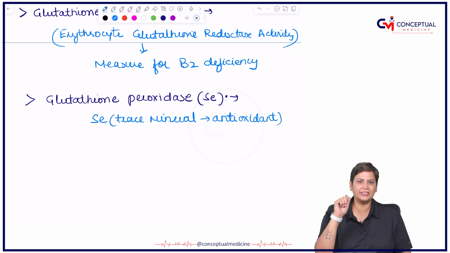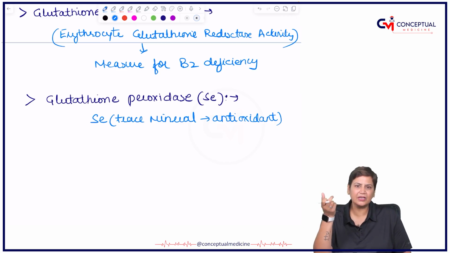Whether it is adenine or guanine, the precursor of purines and pyrimidines in the body is none other than ribose 5-phosphate, and this ribose 5-phosphate comes from the HMP shunt, and that is why the HMP shunt is important for the body, which is an alternative pathway of oxidation of glucose. So this is all about the HMP shunt.